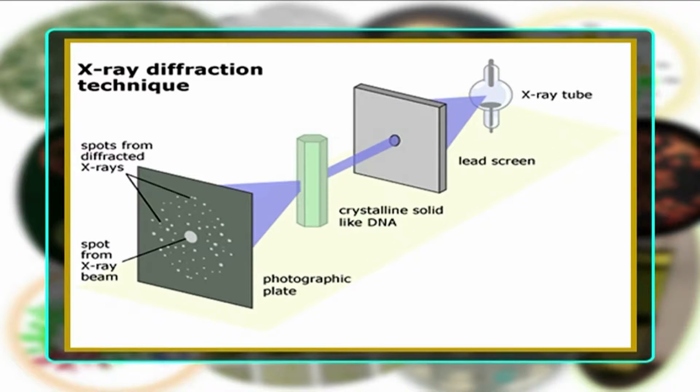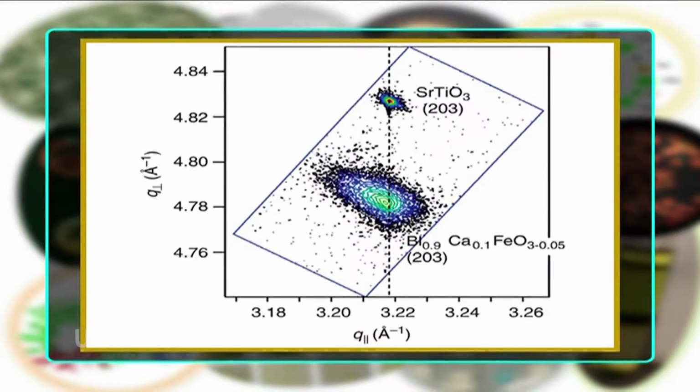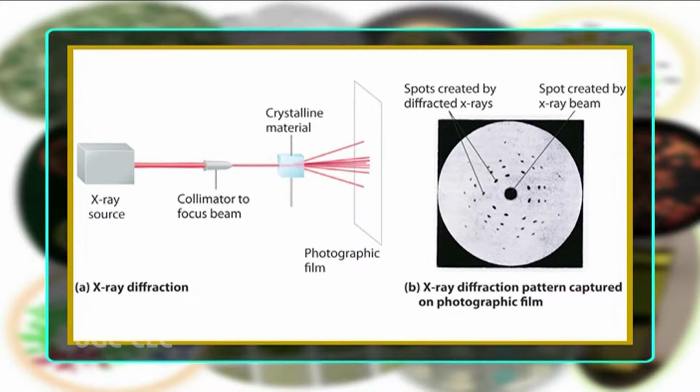X-ray diffraction is a tool used for identifying the atomic and molecular structure of a crystal, in which crystalline atoms cause a beam of incident X-ray to diffract into many specific directions. When a beam of X-rays illuminates a single crystal, many spots are generated.